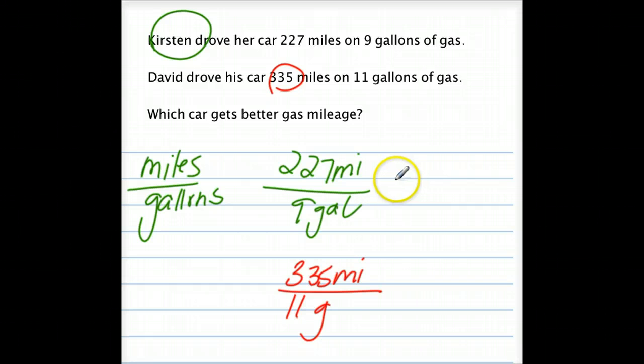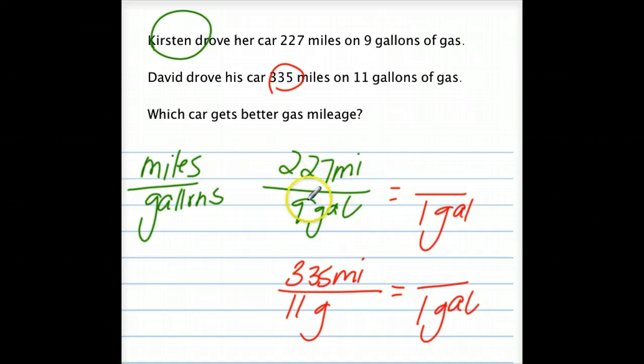So to compare these, I need them to have the same unit on bottom. They need to be unit rates. We want to get them to 1 gallon. So if I look at Kirsten's, to get to 1 gallon from 9 gallons, I'm going to divide by 9. Do the same thing to the top. 227 divided by 9 is, and we're going to round, 25.2 repeating.